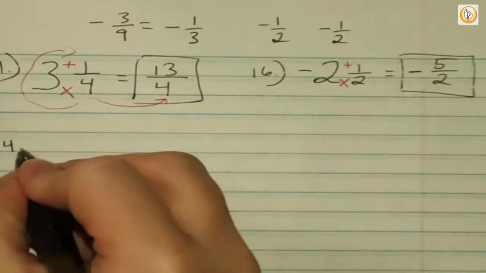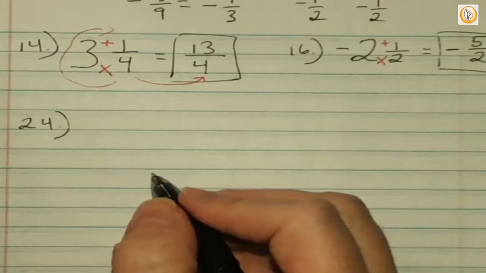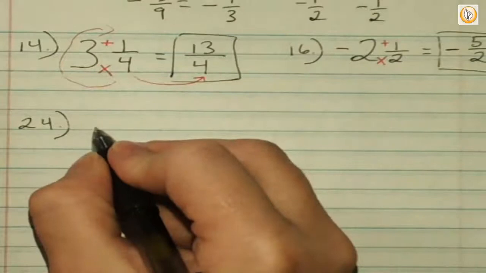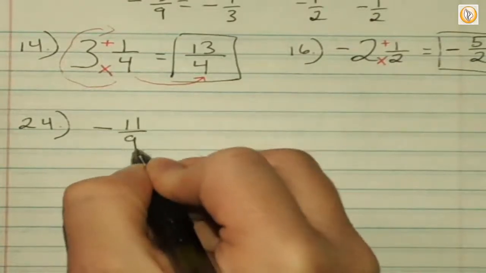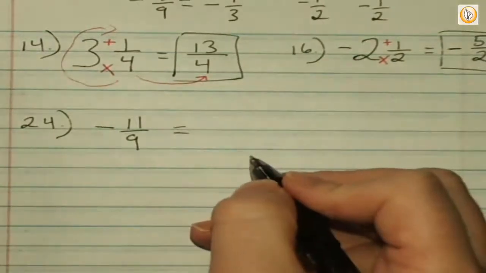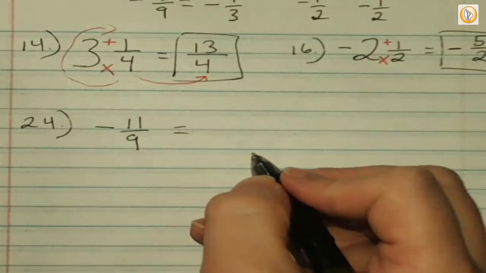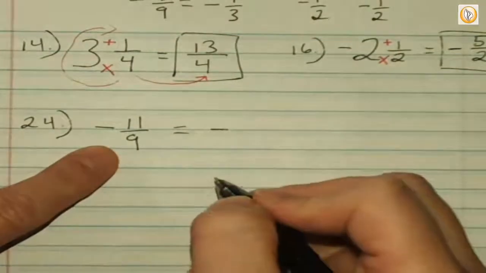24. Okay, it says rename each improper fraction as a mixed number. I have negative 11 over 9. First of all, is the answer going to be negative or positive? That's right, because we're just changing the look of that.